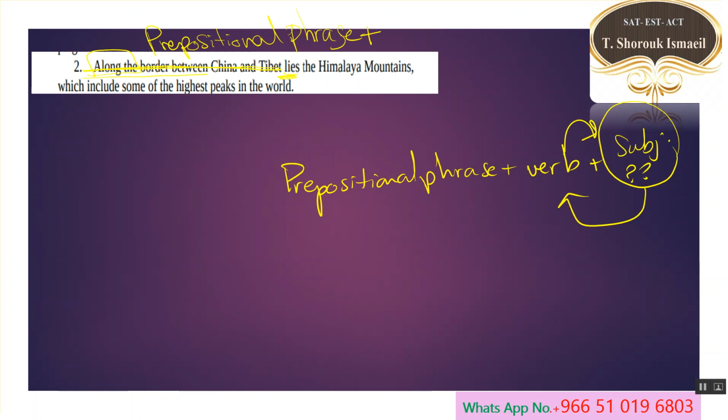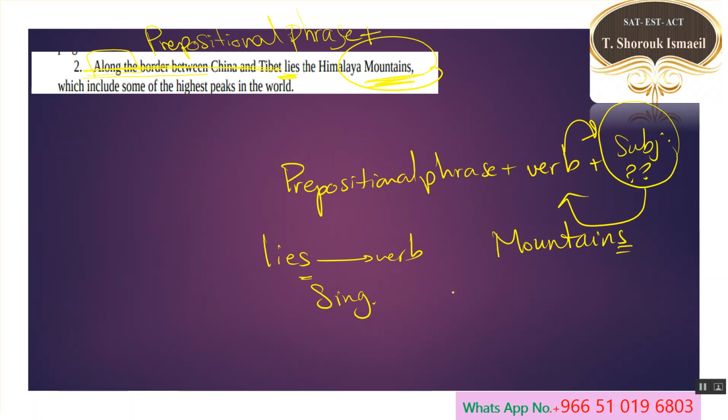So here, lies is the verb, and actually it has an s, so it's singular. And here, the Himalayas mountains. Mountains is my subject, and actually it is plural.